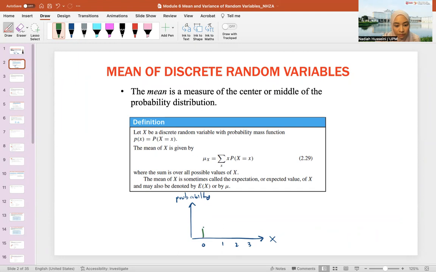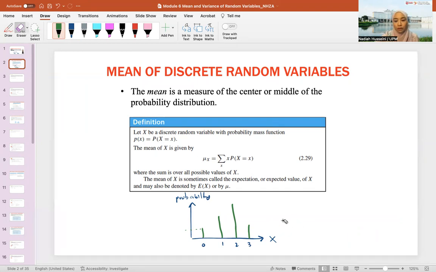For example, for x equals 0, the probability is 0.2, and for 1, the probability is 0.3 maybe, who knows. Provided that this is a complete set, the total probability should be equal to 1.